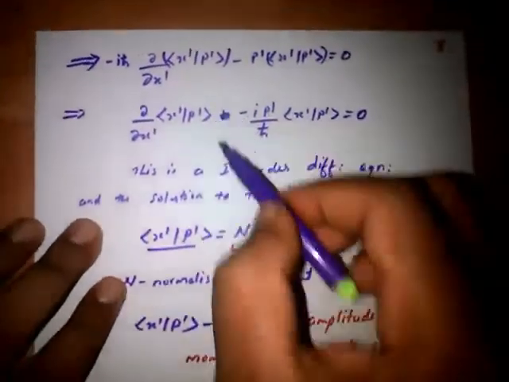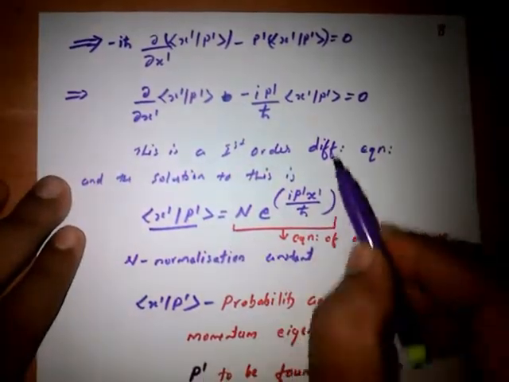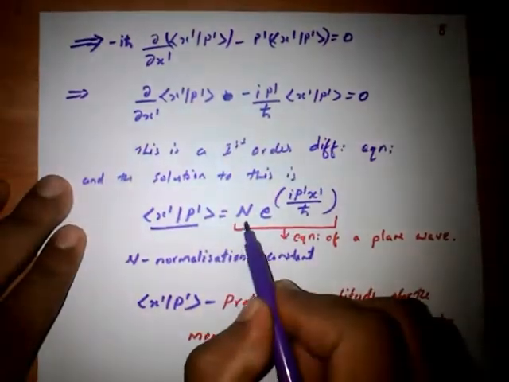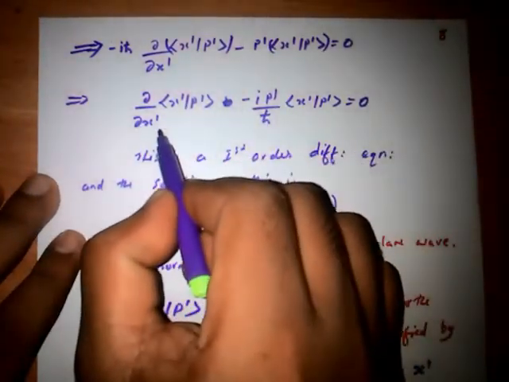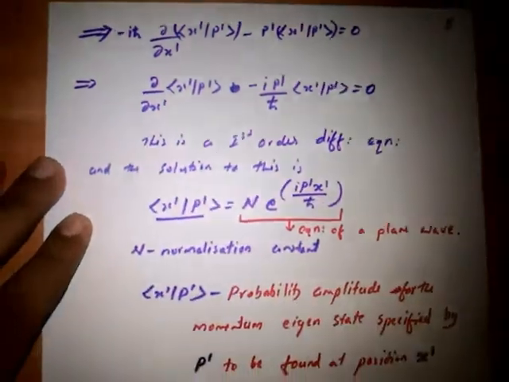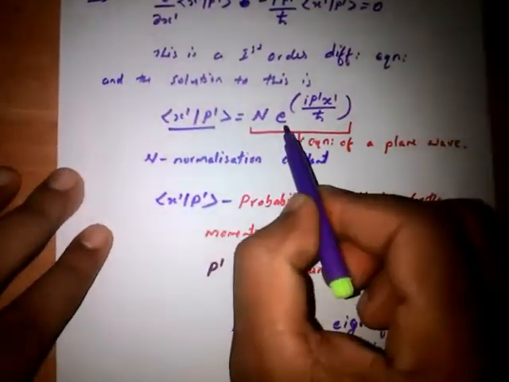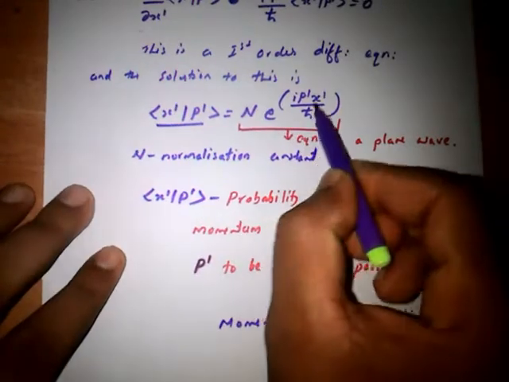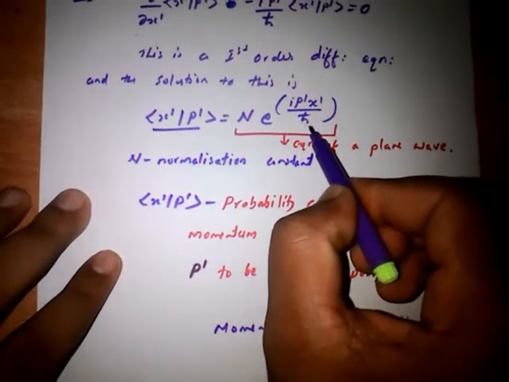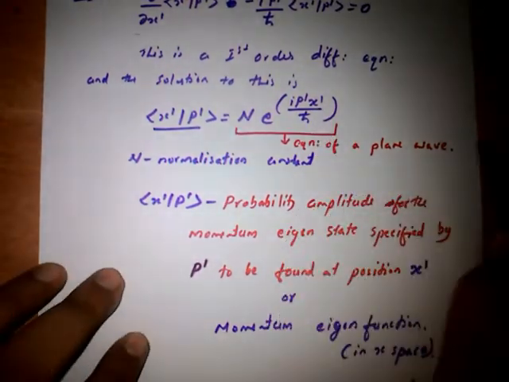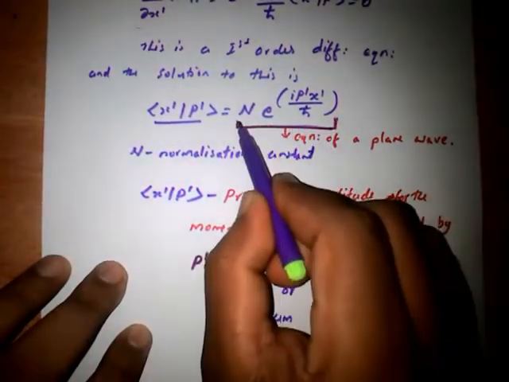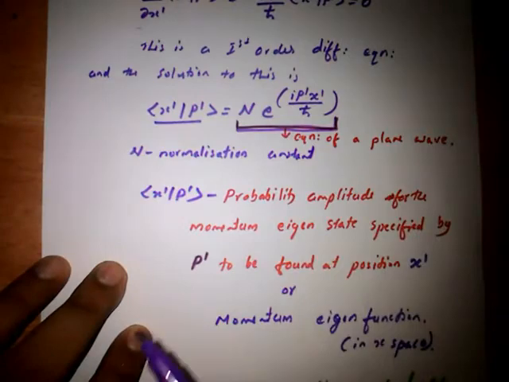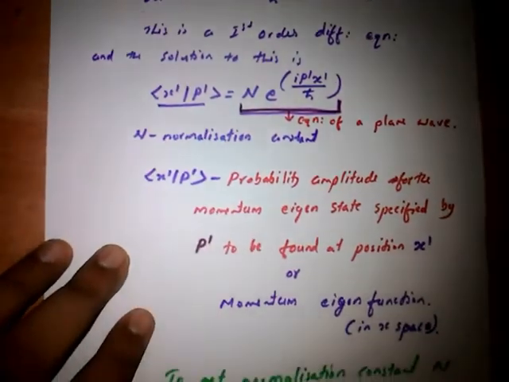I am not deriving this equation; you can apply this value of x dash p dash here and find out that this equation is right. This is the form of the equation of a plane wave, and n is the normalization constant.